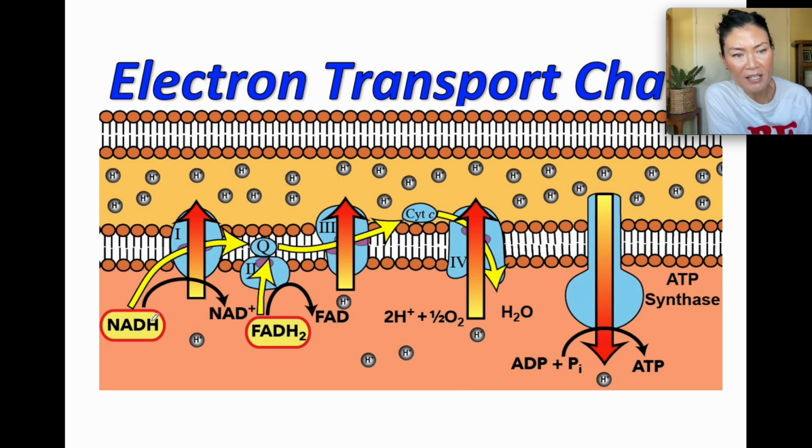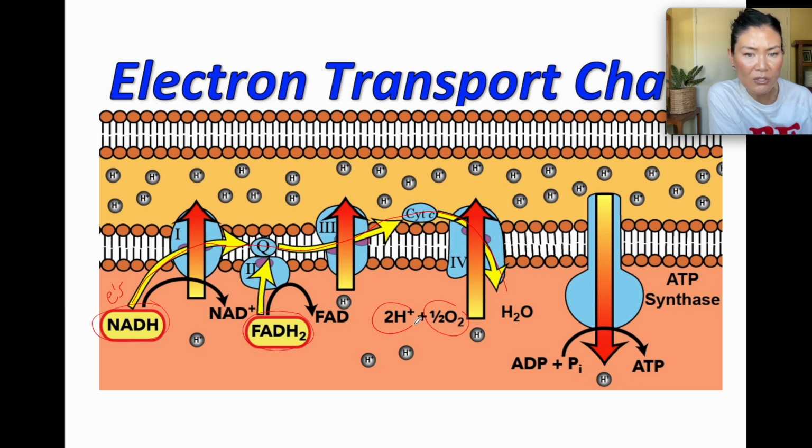So the NADH and the FADH2s that came from glycolysis and the Krebs cycle, they're going to drop off the electrons, okay? So that's what the yellow arrow shows. It's the pathway of the electrons. So electrons are going to move through this electron transport chain, and then they're going to be received by oxygen.